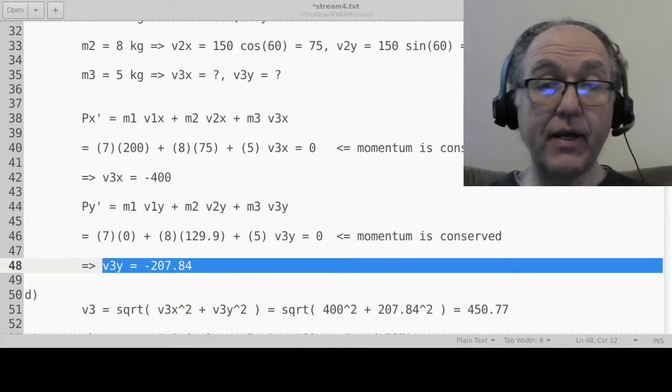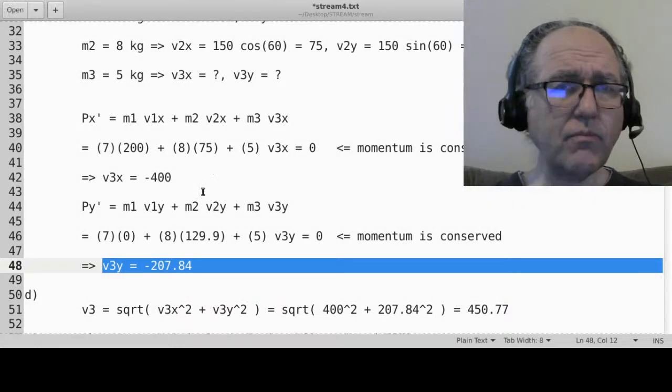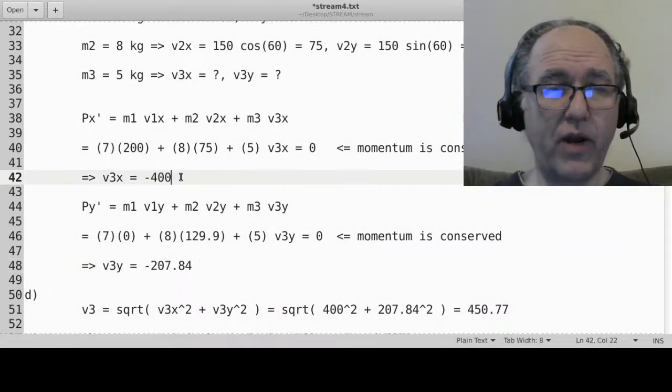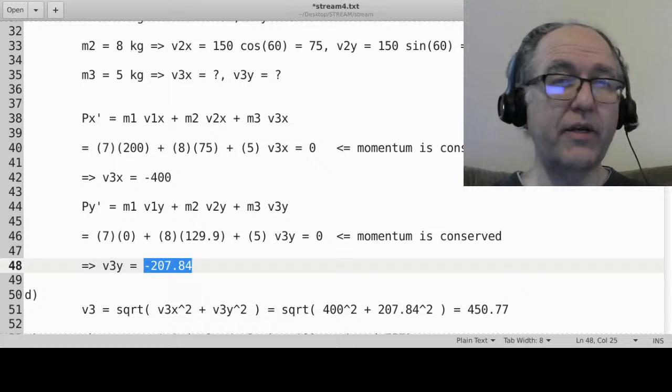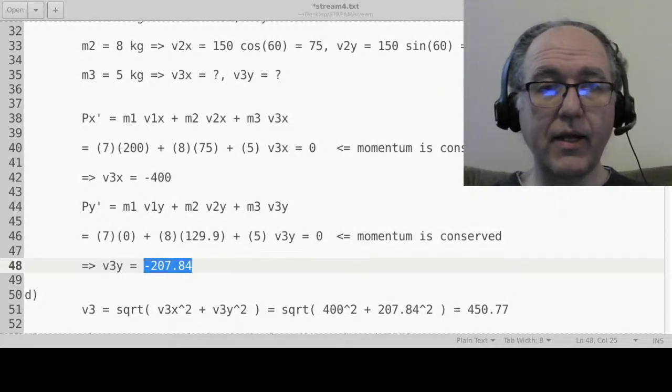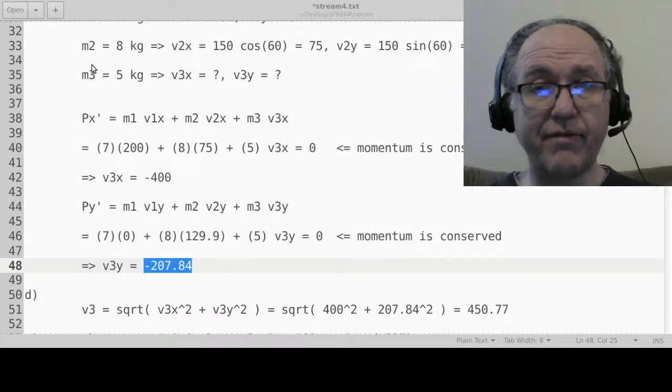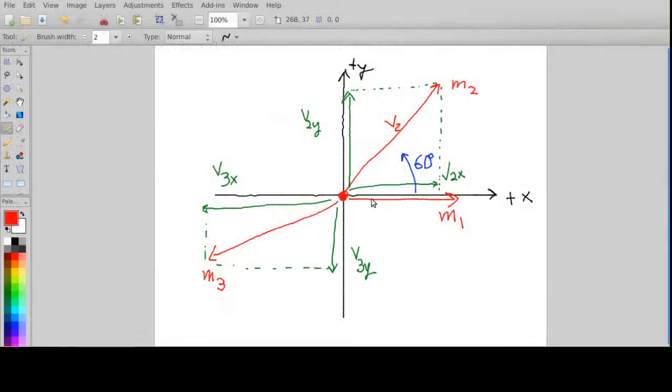So now we have the x component of the velocity for m3, negative 400, and the y component, negative 207.84. You'll notice that both the x and the y are in the negative direction, and that's what we intuitively expected, because if you take a look at this diagram, m2 and m1 are sort of both going towards the right, towards the positive x direction.